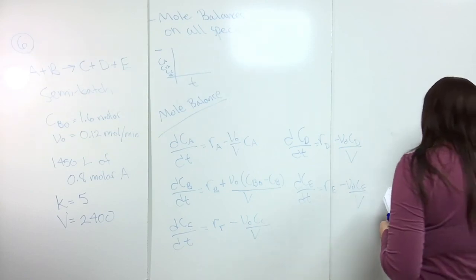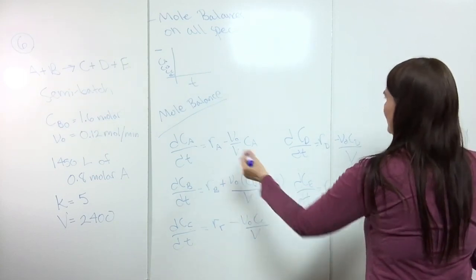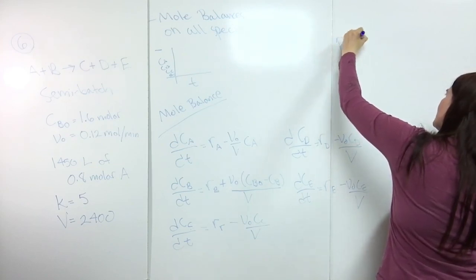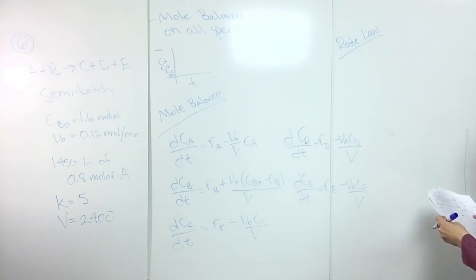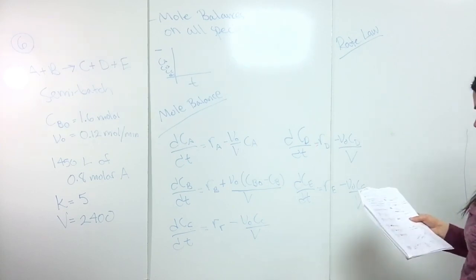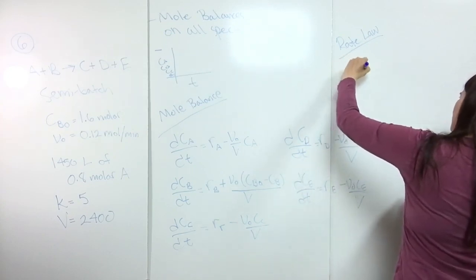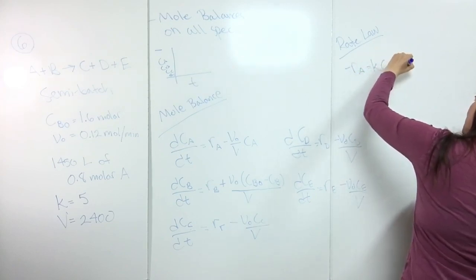So then we can just use stoichiometry to figure out what the rate laws are. So for the rate law, first of all, I just assumed that the rate law was elementary, so I said minus RA is equal to K CA CB.